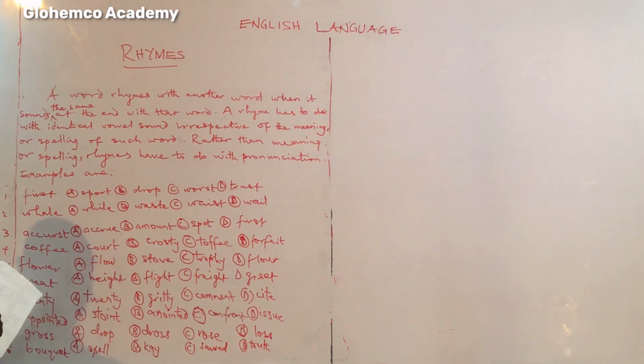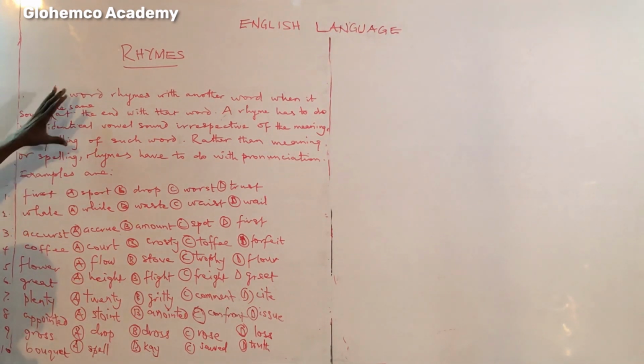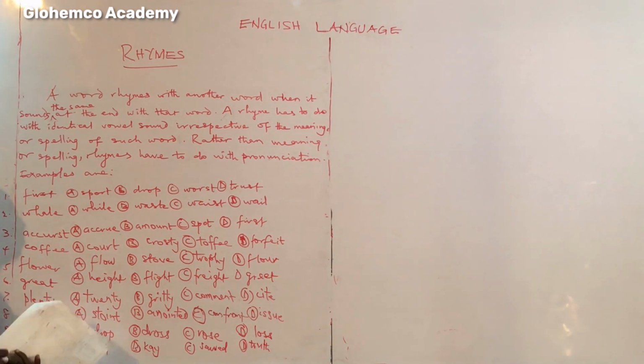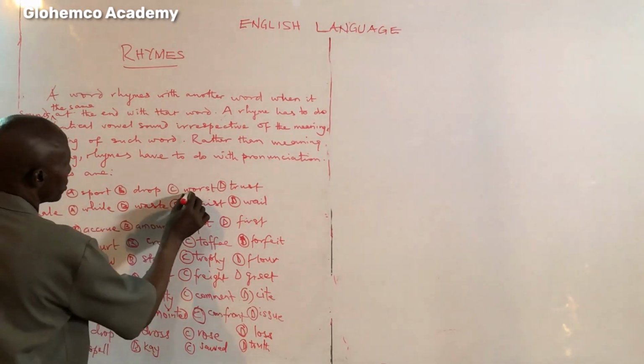Let's quickly look at this before we go to general something. We are talking of rhyme. When you look at this one, it is pronounced first. So you are looking for the one that has the same pronunciation, or rhyme, that rhymes with it. It is this one.